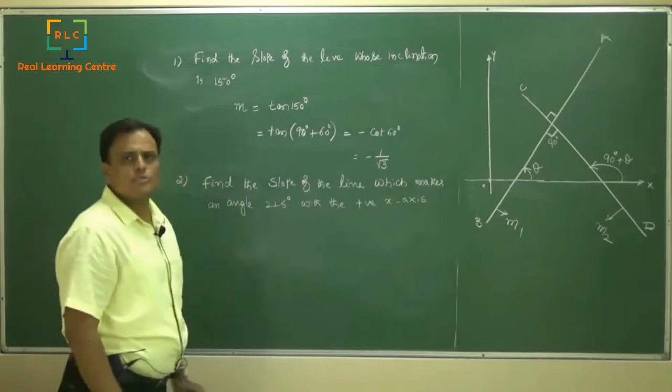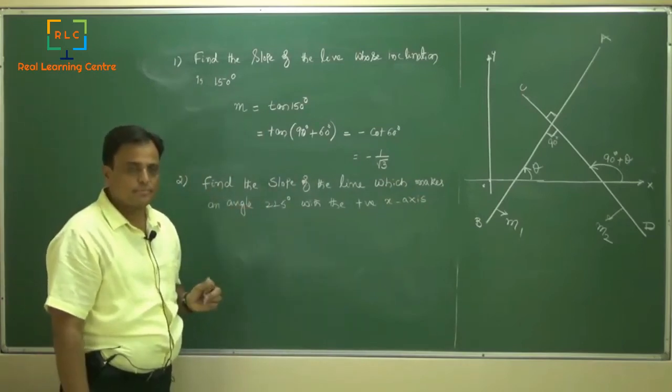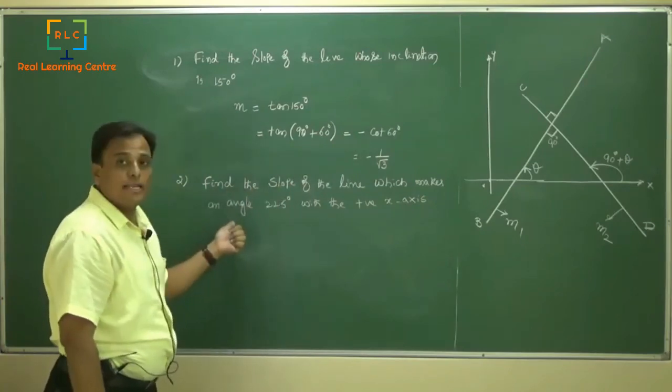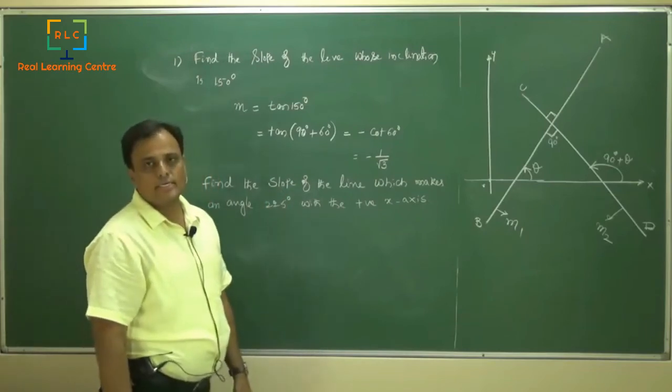Dear friends, there's a small change in this problem. Please read the question once again properly. Find the slope of the line which makes an angle 225 degrees with the positive x-axis.